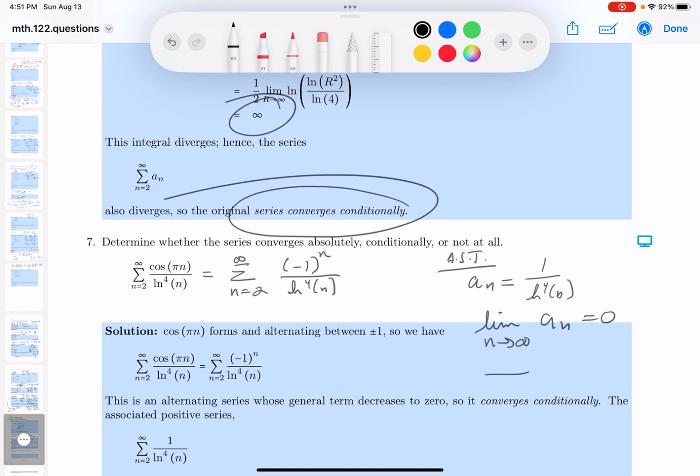And I'm pretty much convinced, let me write this over here, that this is the case. It's decreasing. So I'm going to say it definitely is conditionally convergent. That's a definite fact, by the way.